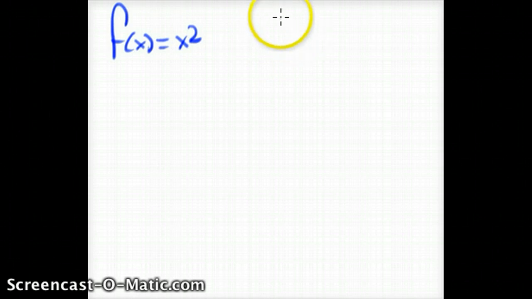Here we go. I need my pen here. Here's the function f of x is equal to x squared, and remember we're trying to understand how to set this up. So here's my curve, and then I have a point here and a point here, and I have this line that goes through there.